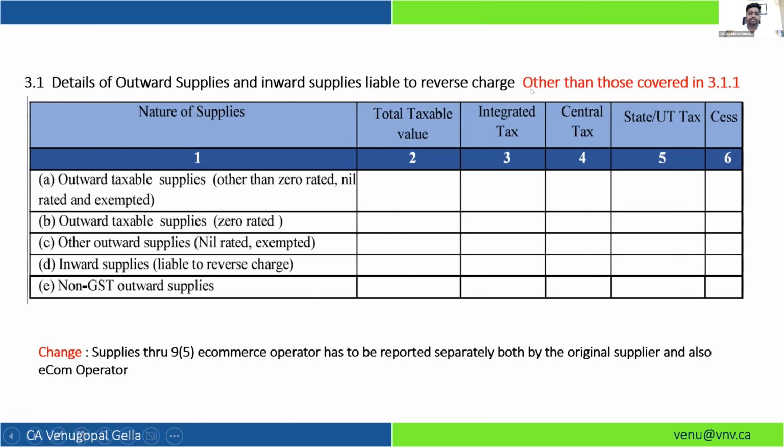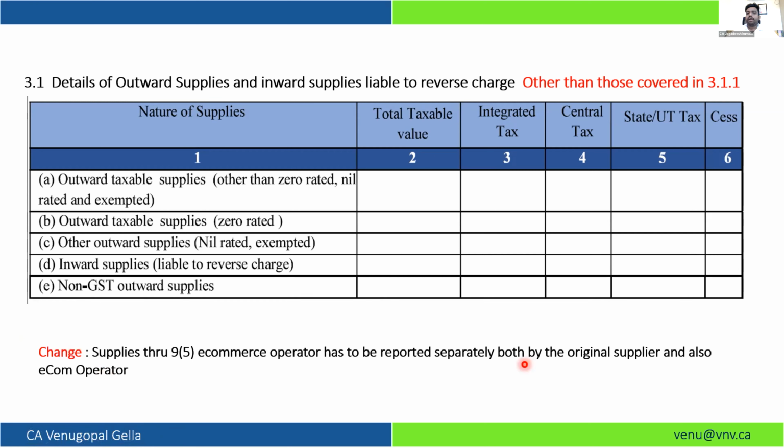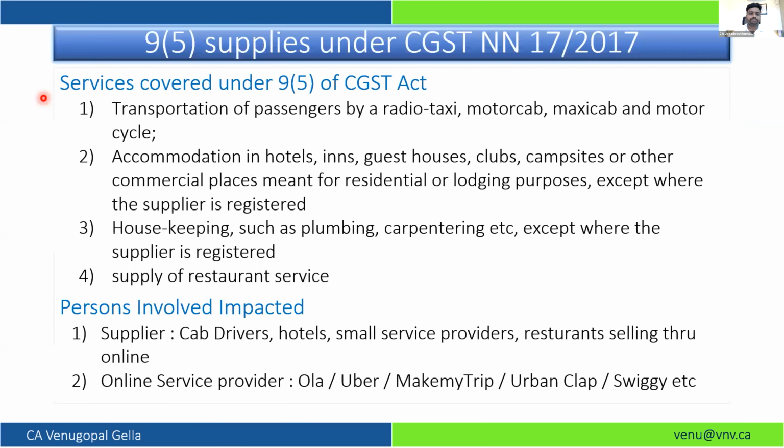The only change is that they have added the words "other than those covered" in table 3.1.1. We'll see what table 3.1.1 is in due course. Other than this, there is no change in table 3.1.